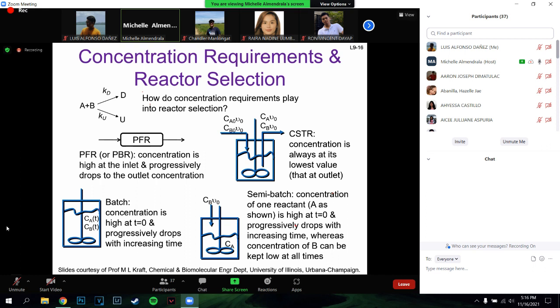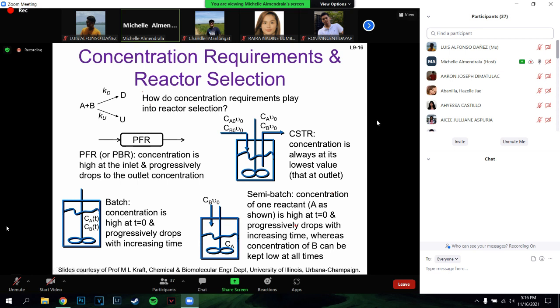For a batch, concentration is high at the start of the reaction and progressively drops with increasing time. For semi-batch, the concentration of one reactant is high at t0 and progressively drops with increasing time, whereas the concentration of B can be kept low at all times. So that is the case for the four reactor types.